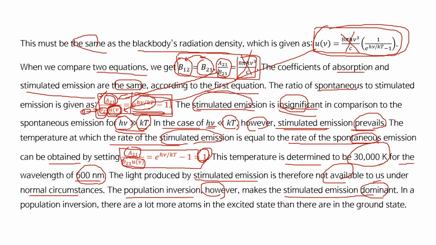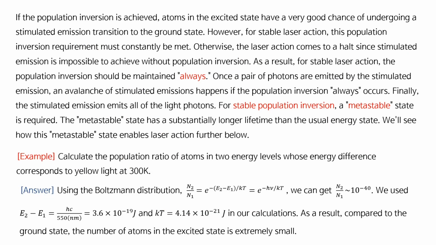In a population inversion, there are a lot more atoms in the excited state than there are in the ground state. If the population inversion is achieved, atoms in the excited state have a very good chance of undergoing a stimulated emission transition to the ground state.